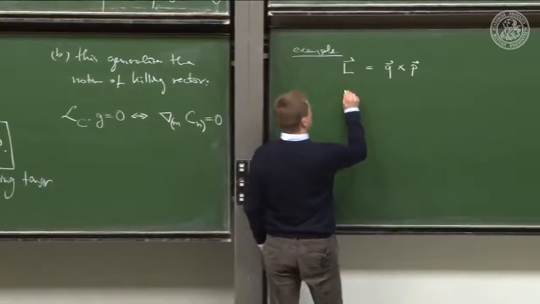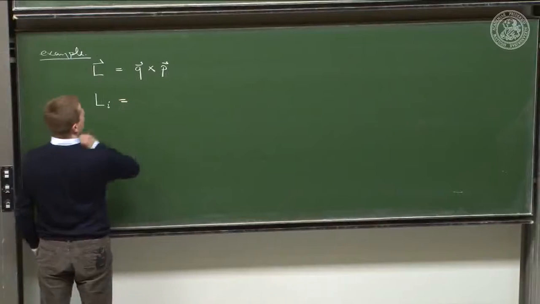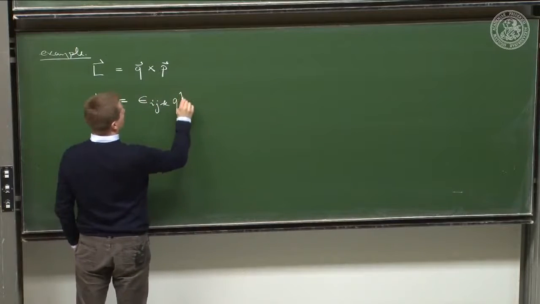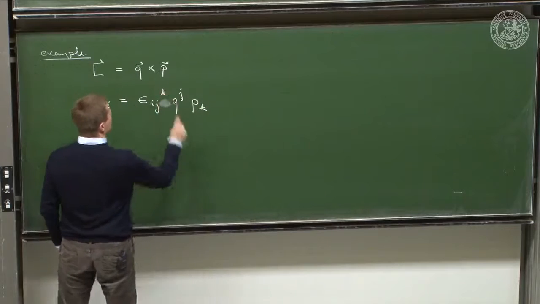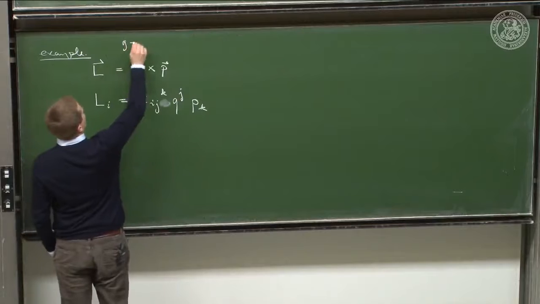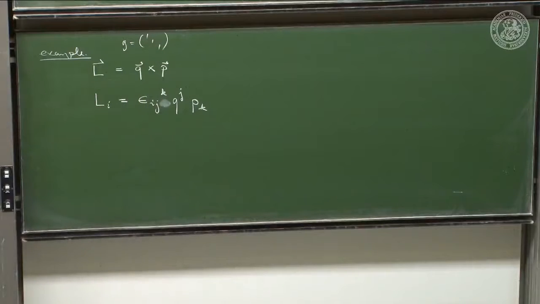And you know that the ith component of the angular momentum is epsilon ijk qj pk, and I can raise and lower indices at will because I will use a flat metric throughout. Okay?